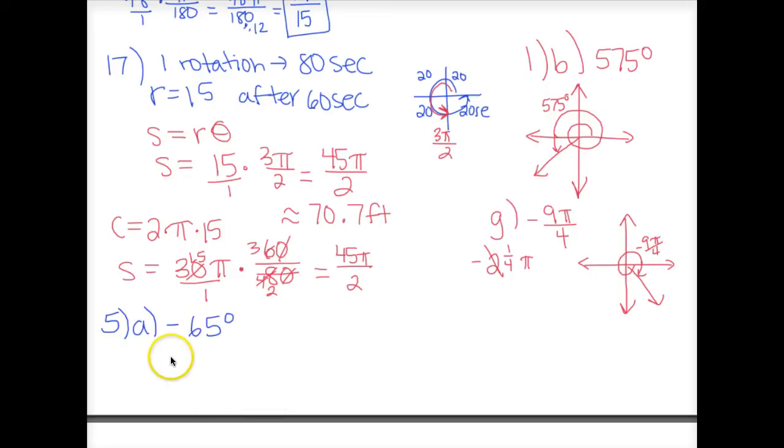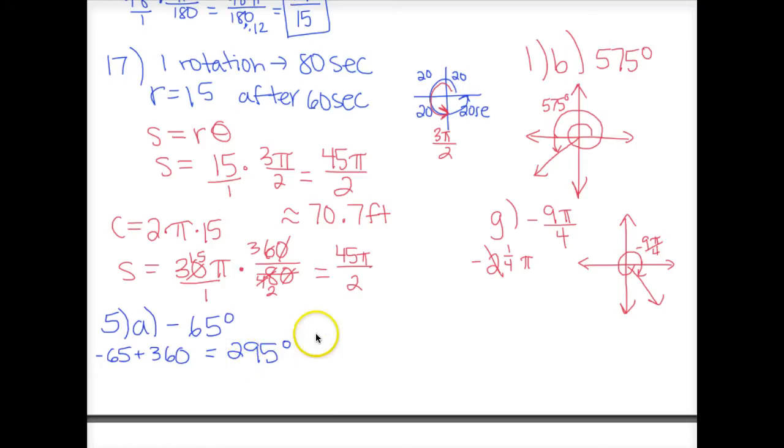So here, if I take negative 65 and I add 360, I get 295 degrees. So this 295 is a positive coterminal angle.